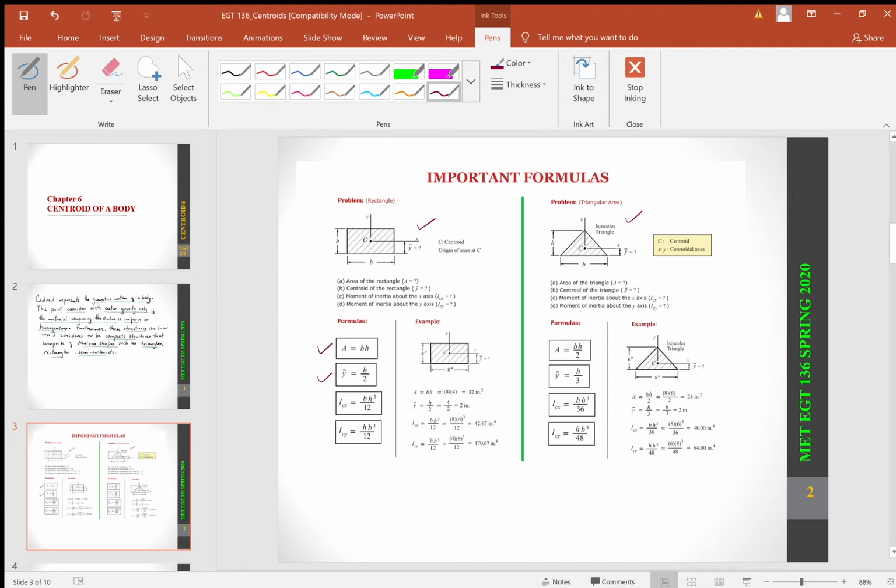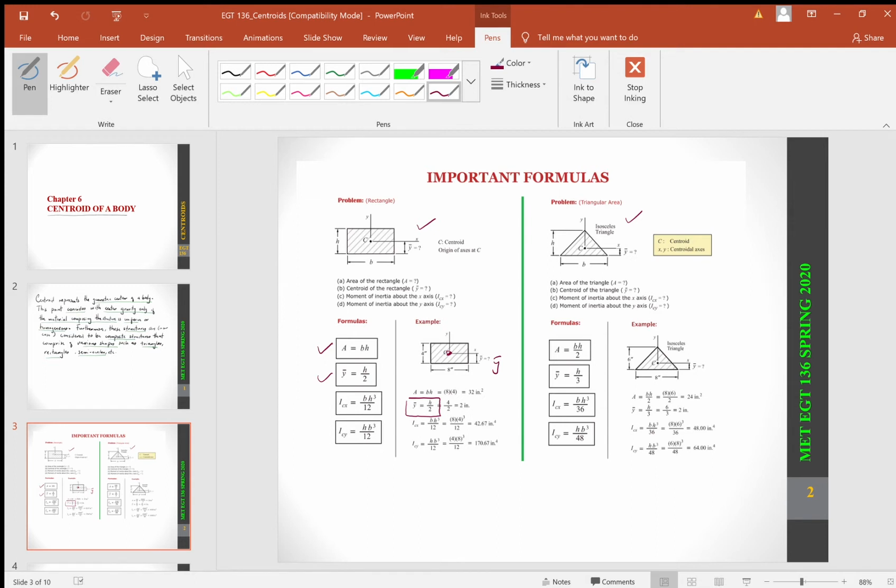As you can see here, this would be the centroid of this rectangle, and the centroid is denoted by this y bar here, and it's being calculated by taking h and dividing that by 2.